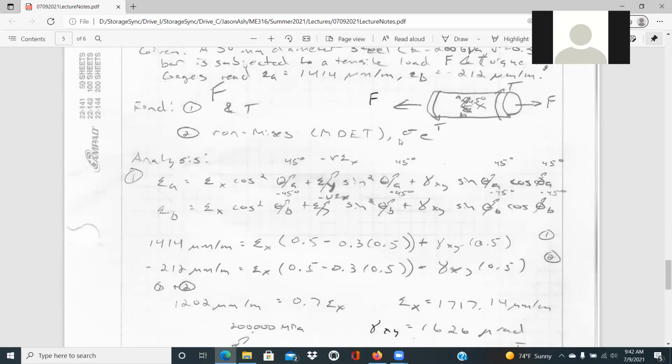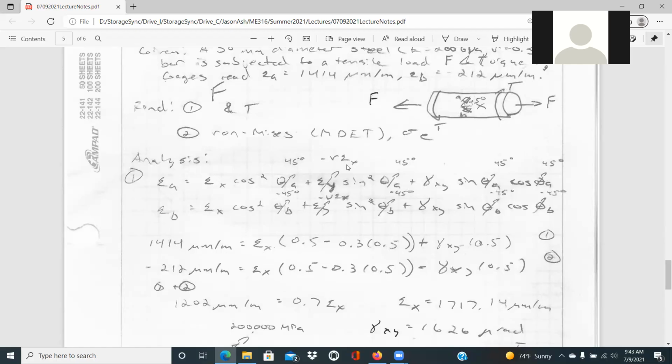And when we do that, counterclockwise is positive, so theta A is 45 degrees and theta B is minus 45 degrees. And the strain in the Y would just be equal to minus nu times strain in the X. And with that then, we know the Young's modulus and the Poisson's ratio.